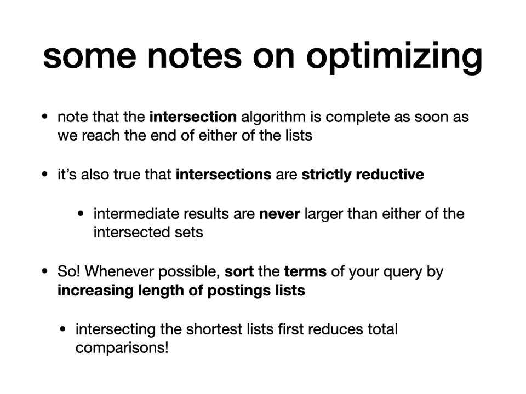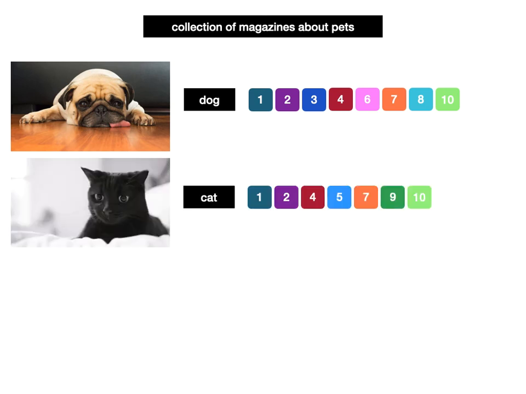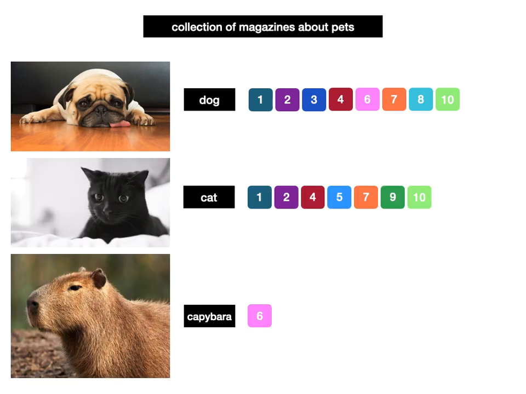So whenever we're doing these big intersections of lots of things, we want to reduce this processing by doing the small ones first, because they're the most eliminative. Let's look at an example. We got collections of magazines about pets, okay? We got dogs in these documents, cats in these documents, and capybara in just 1 document.